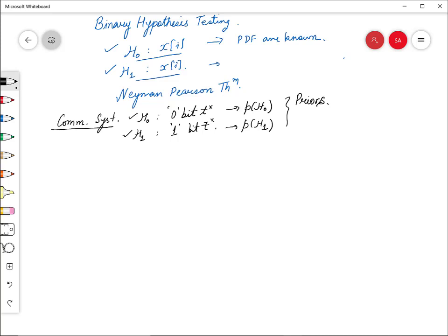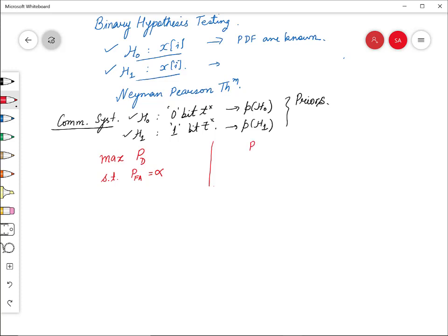In such cases, rather than solving the optimization problem of classical detection theory, that is, maximize the probability of detection such that the probability of false alarm is equal to alpha, what we are going to do is combine the two errors.